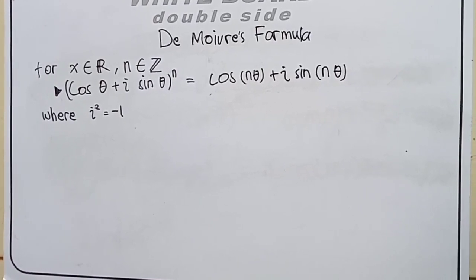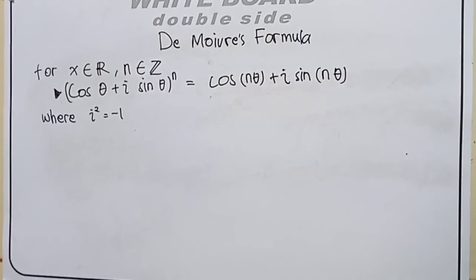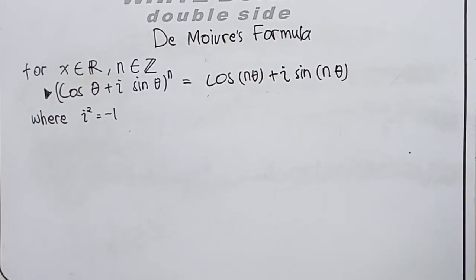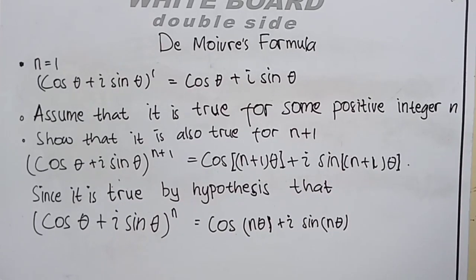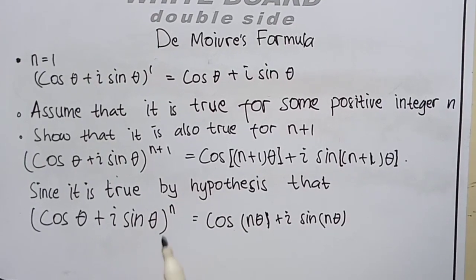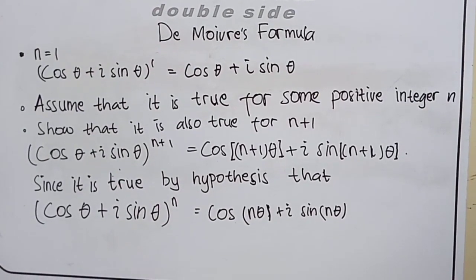I is imaginary. To prove De Moivre's formula, we use mathematical induction.